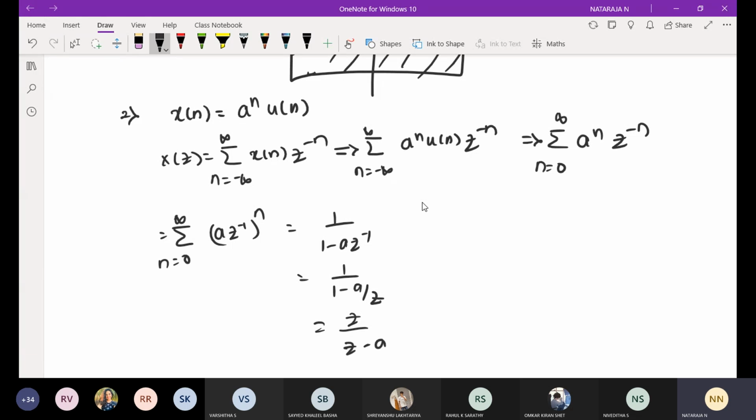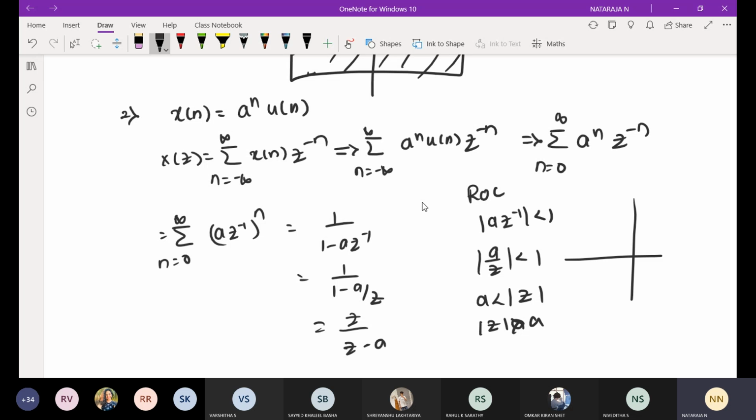Then we need to find the ROC, where magnitude of az inverse will be less than 1. Then a by z will be less than 1, a will be less than magnitude of z, or magnitude of z will be greater than a. You can write the ROC.